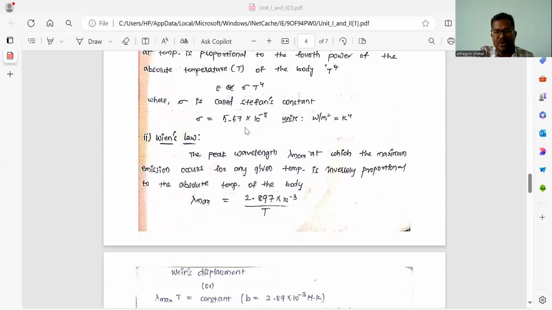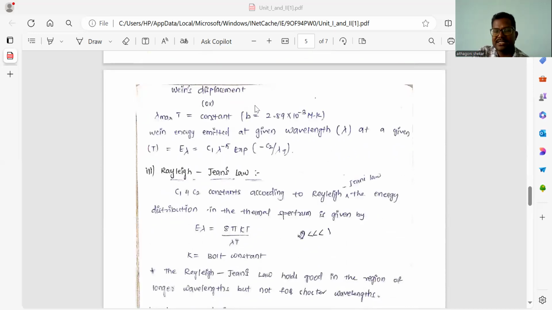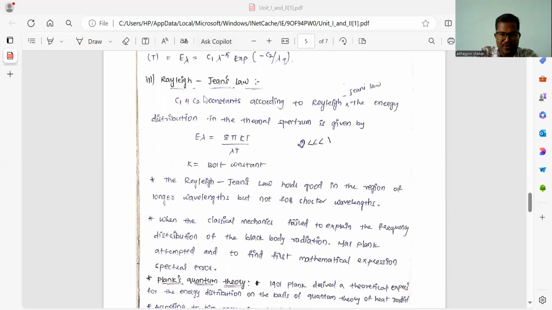So by using this, it is not explained. So classical mechanics has failed. When classical mechanics is applied to explain the frequency distribution of black body radiation, it does not distribute correctly. Why does it not give the lower energy at the shorter wavelengths?